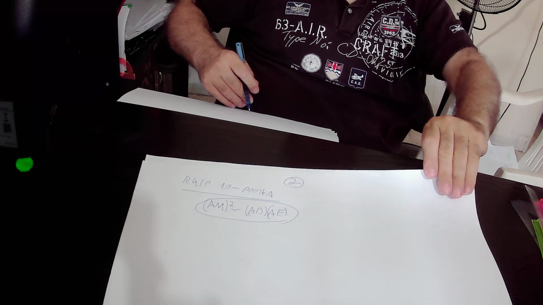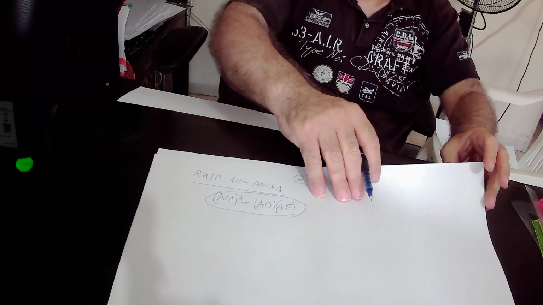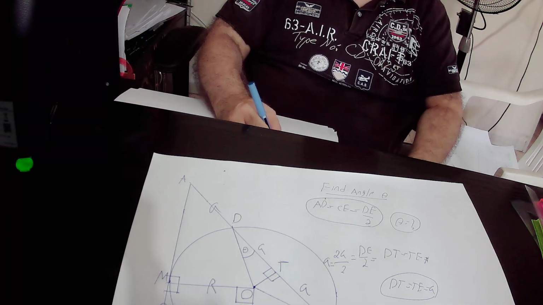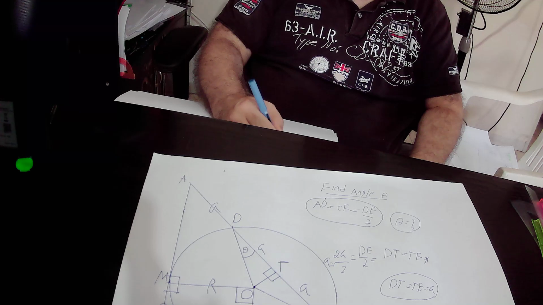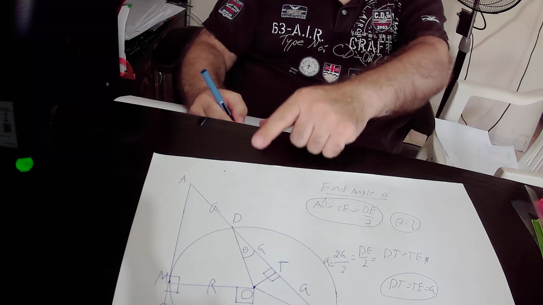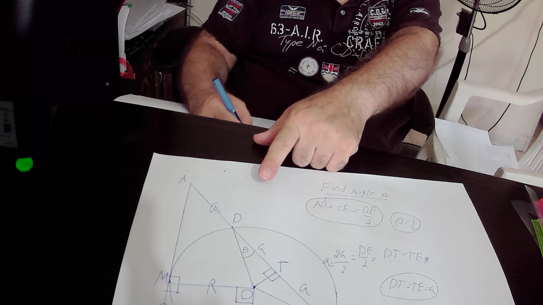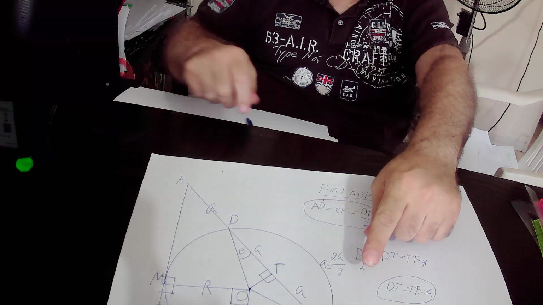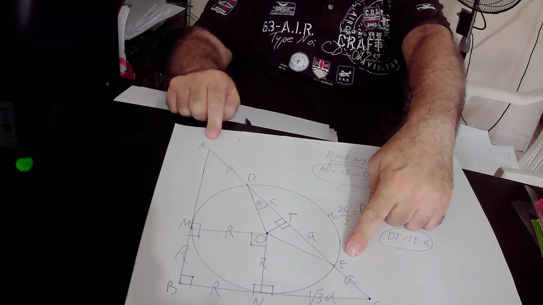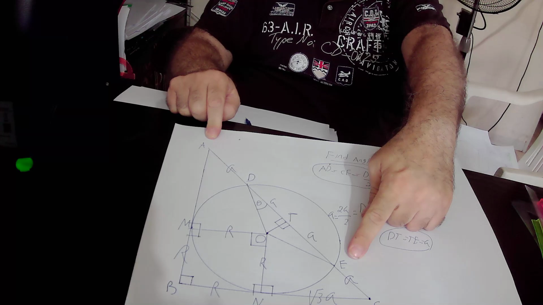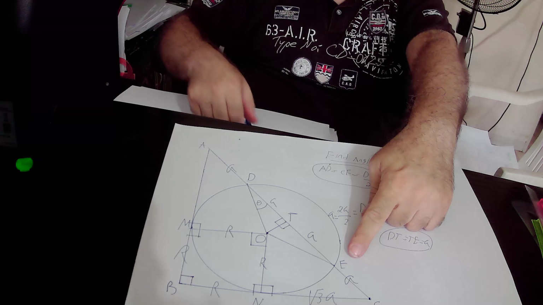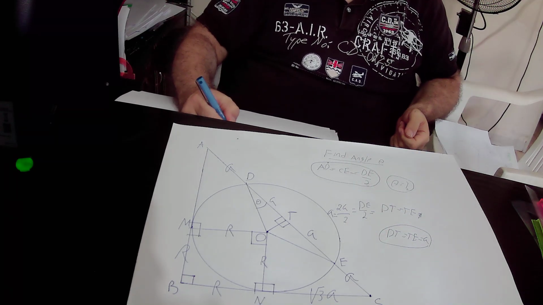So AM squared equals AD, which is A, so we substitute AD by A, and AE equals A plus A plus A, that is 3A, so we substitute AE by 3A.